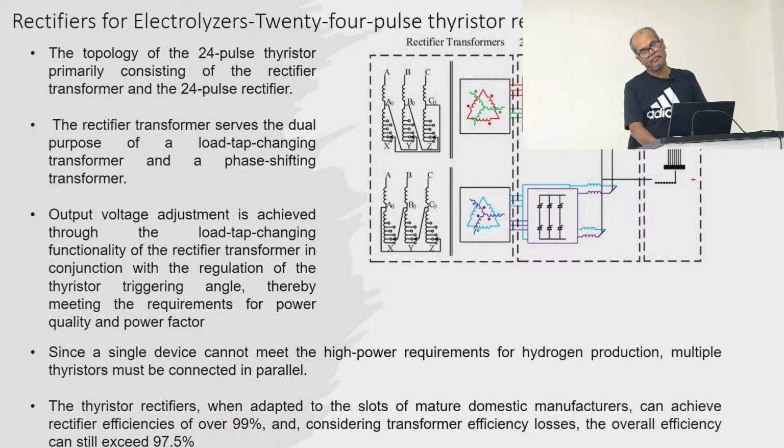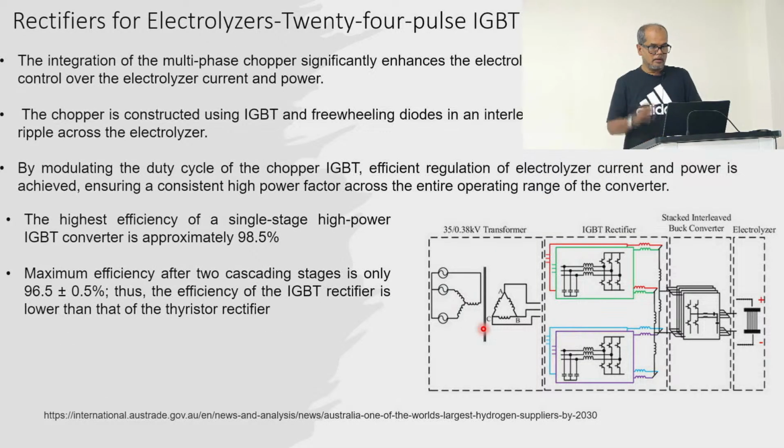But as you know, for converters and inverters, there are now so many in the market which have very, very high efficiency. So the overall efficiency is still more than 97%. What else? This one also has good control over the electrolyzer current and power, so that can meet the requirement for the electrolyzer.